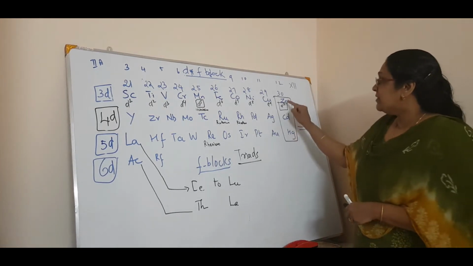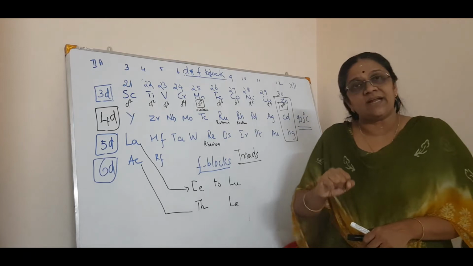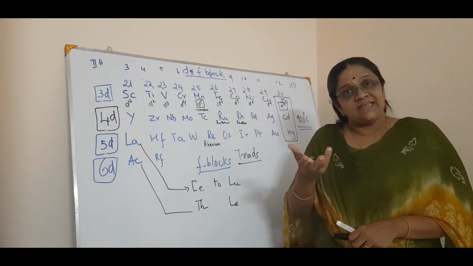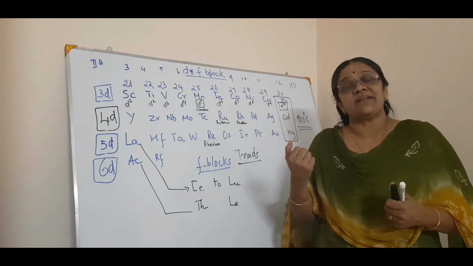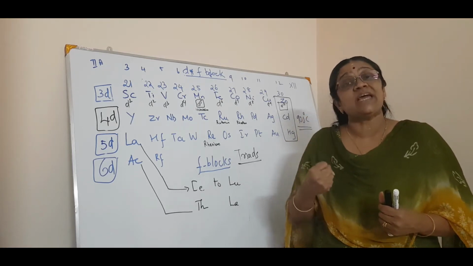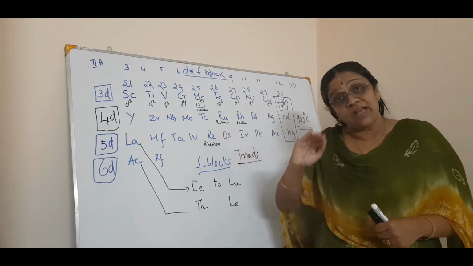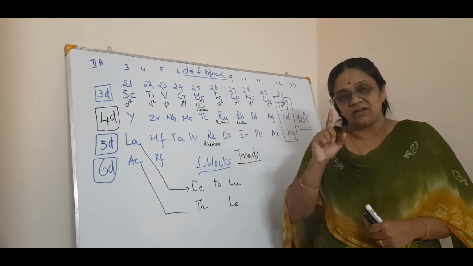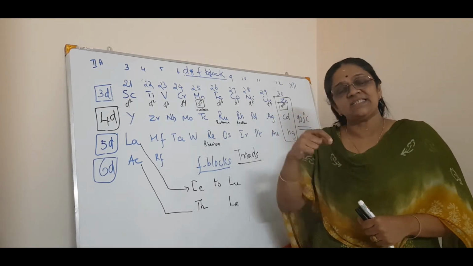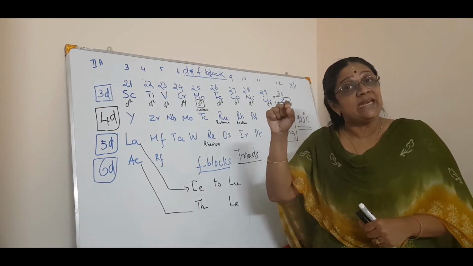Why? Because this is d10 configuration, that is fully filled configuration. Or I can say, if you want a definition for a transition element: transition elements are those elements which can have partly filled d orbitals. What I said? Partly filled d orbitals. That is up to d1 to d9.